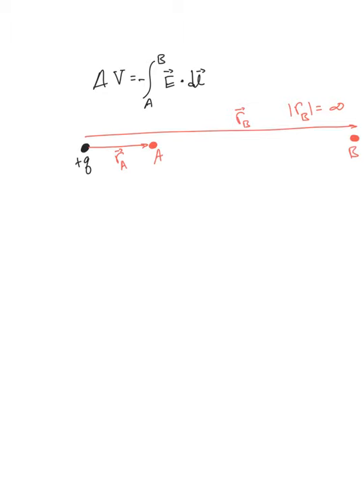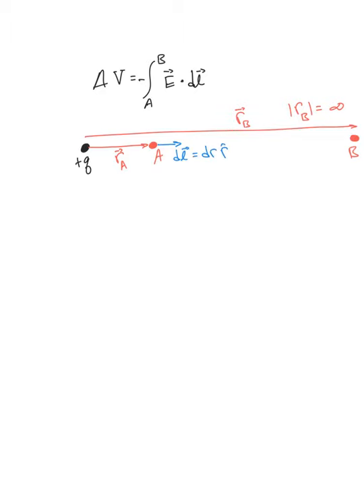So imagine that we move from some radius r sub A to some point B, which is infinitely far away from our point charge. In this case, we can consider our dl to be little steps again in the r direction. So I'll write it as dr r hat.